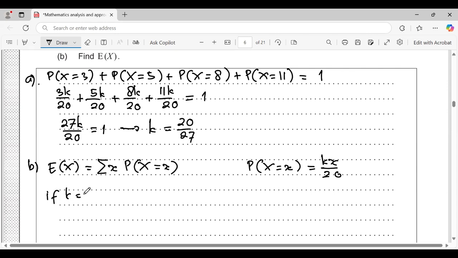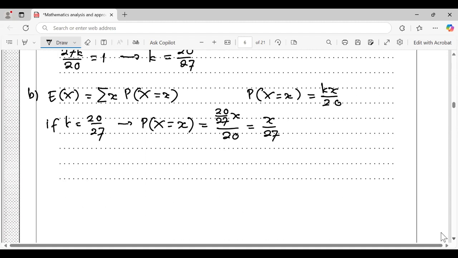If k equals 20 over 27, this probability distribution becomes 20 over 27 times x over 20, and it becomes x over 27 like this. So the probability of each value of x is like this.